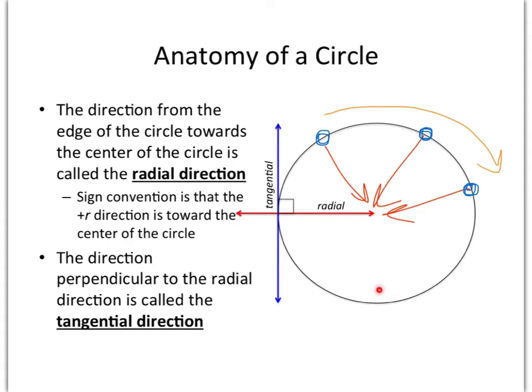But really, the mass wants to fly off out into space in what we would call a tangential direction. That's tangent. Any line that touches a circle at just one point is tangent to that circle. So we call that the tangential direction. We can have two measures of motion here. We can have the velocity at which it moves around the circle in an arc, which we will call angular velocity.